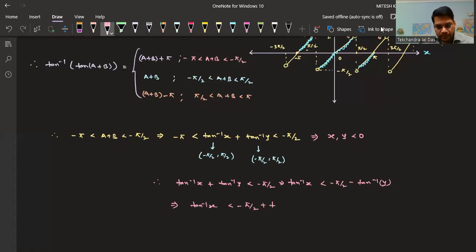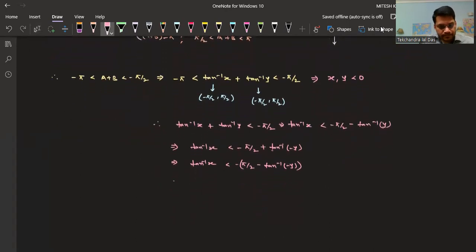Yes, we can write now because tan inverse function is odd function. We know tan inverse of minus y, then again this is tan inverse x less than minus pi by 2, just take minus common, so we'll get pi by 2 minus tan inverse of minus y.